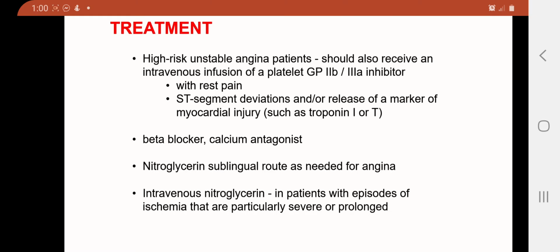For high-risk unstable angina patients, you should also give IV infusion of GP2B3A inhibitors, especially with those who have chest pain and ST segment deviations and or release of marker of myocardial injury such as troponin I or T. You can give beta blockers, calcium antagonists, nitroglycerin sublingual as needed for angina, IV nitroglycerin in patients with episodes of ischemia that are particularly severe or prolonged.